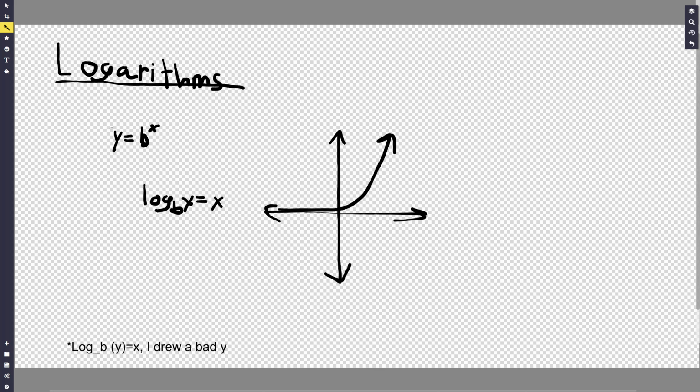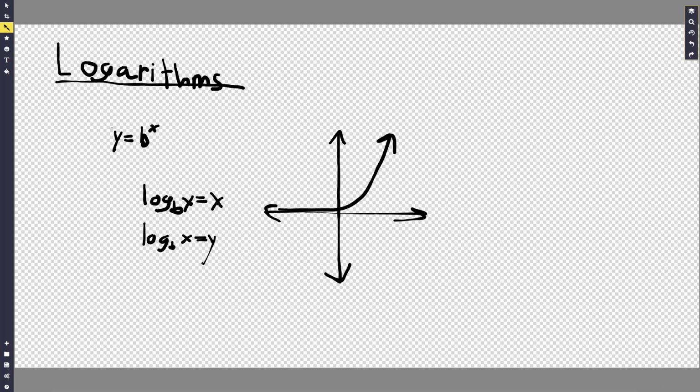So notice something here is that the variables are flipped. If we were to have a logarithmic function, log base b of x is equal to y, and we were to turn that into an exponent, it would say x is equal to b to the power of y.